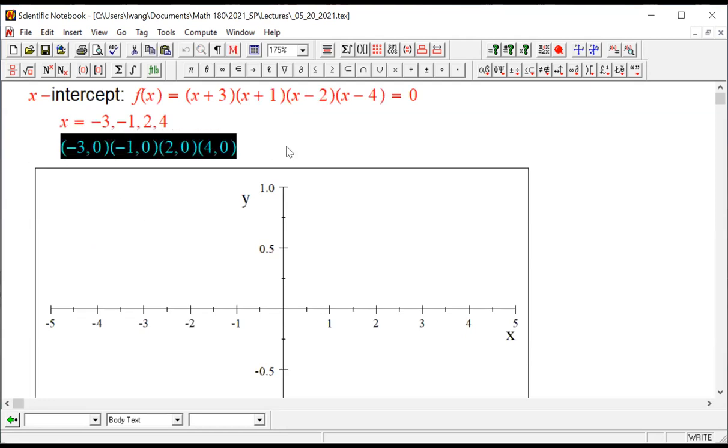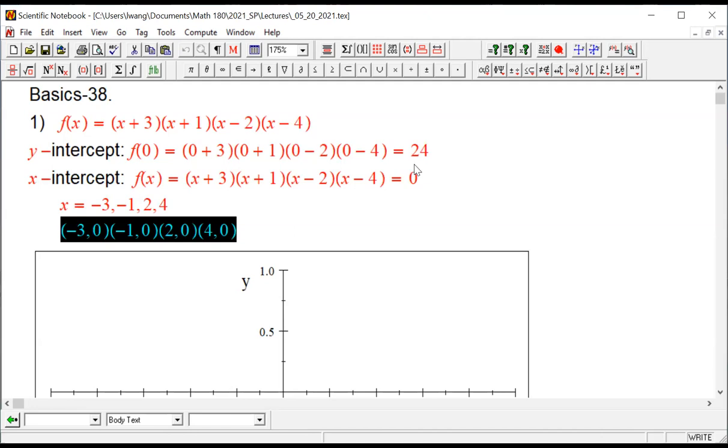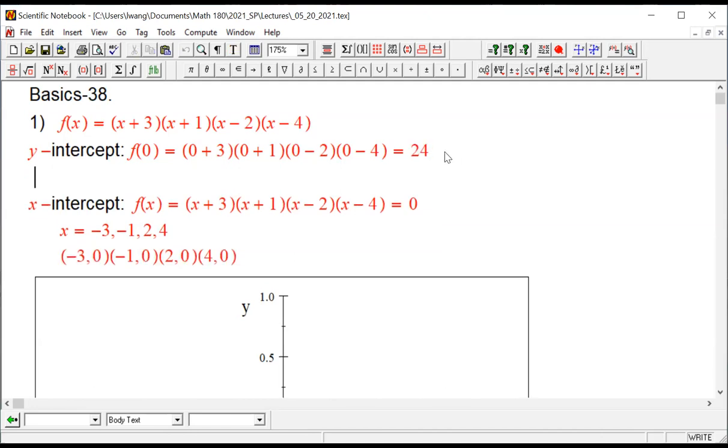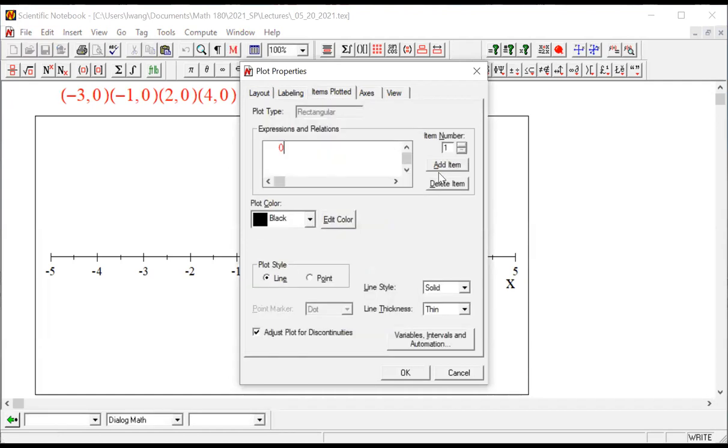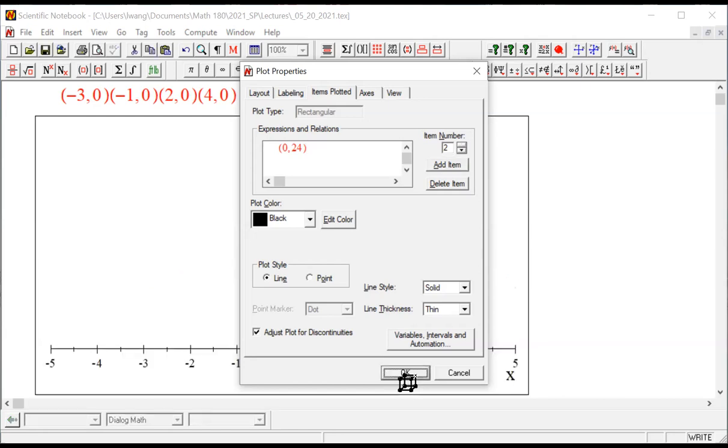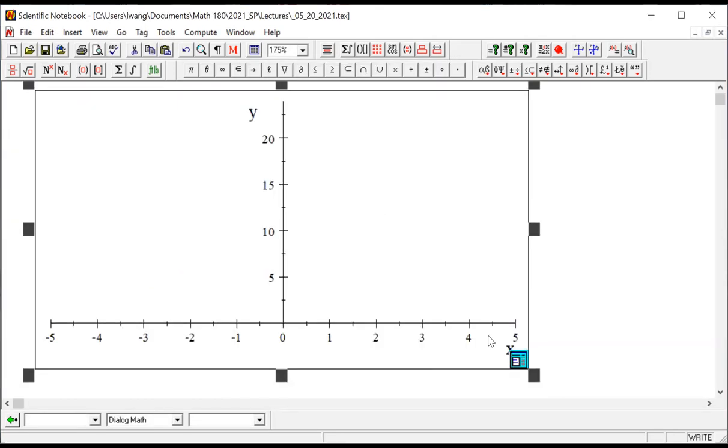First you identify the y-intercept, which is (0, 24). We can put that point in the graph. That's one dot. Let's see if it shows. It should be somewhere up.